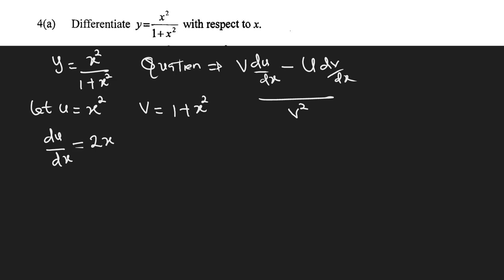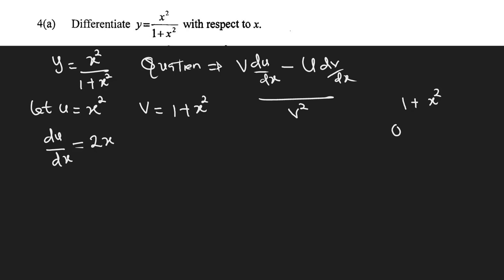Then we are going to differentiate this one, right? That's the v with respect to x. So we have 1 plus x squared. Now, whenever you have a constant, anything that doesn't have an alphabet, we call it a constant. If you differentiate it, you're going to have 0. So even if it is 100, if you differentiate 100, it's going to be 0.